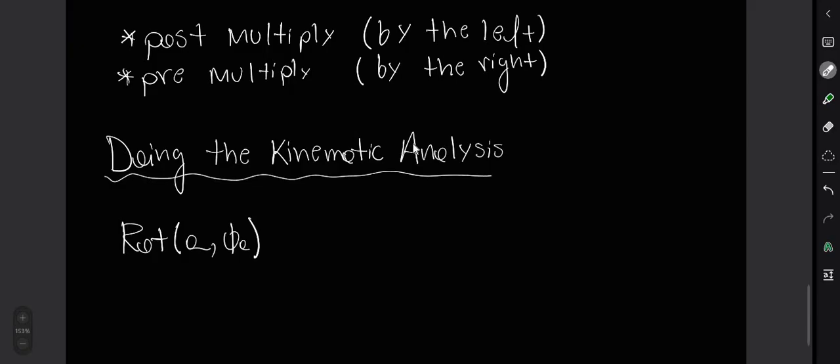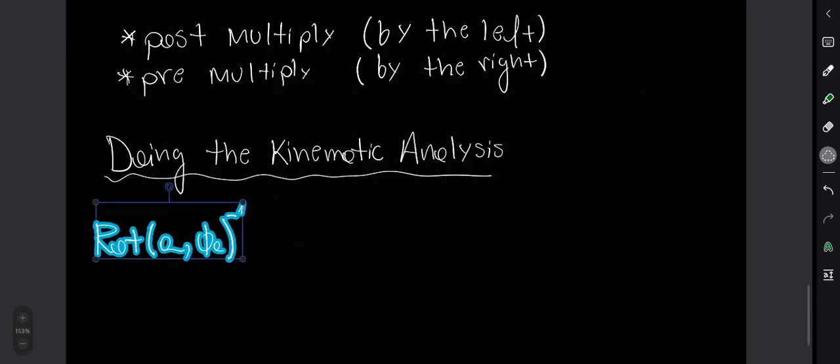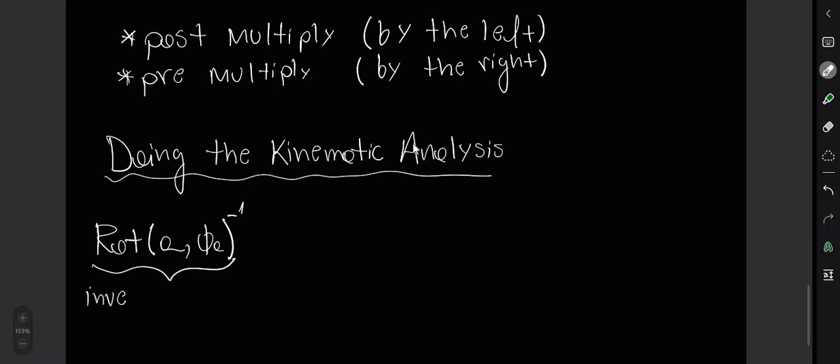I keep saying phi, I will say phi A angle. The inverse is an inverse transformation of rotation.